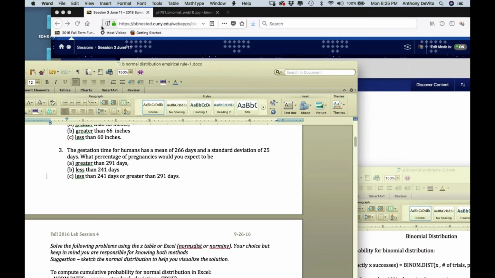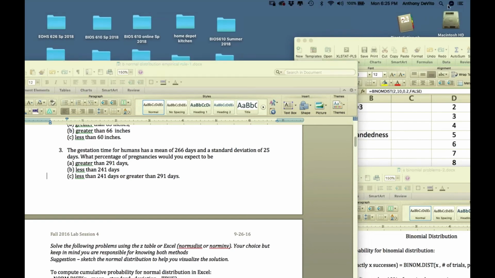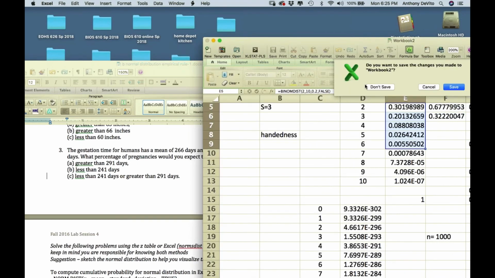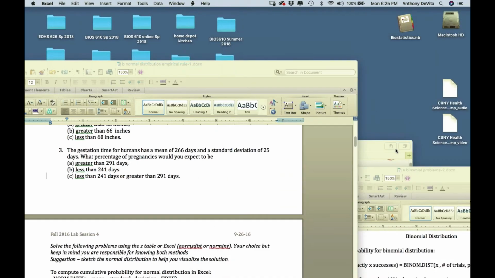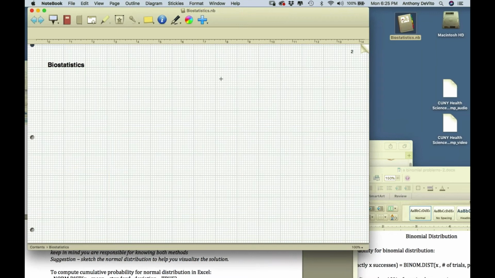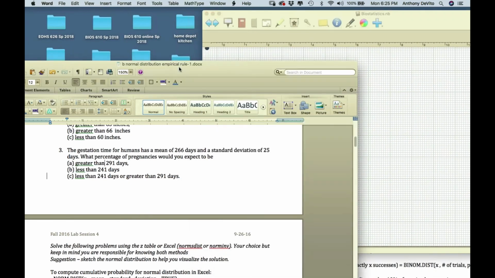I'm going to do something a little bit different here. I'm going to open up a blank piece of paper to work with. I'm going to save that. This time, if things work out right, I'm going to be able to write on it.